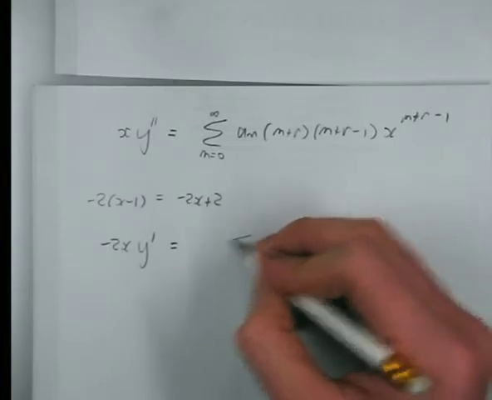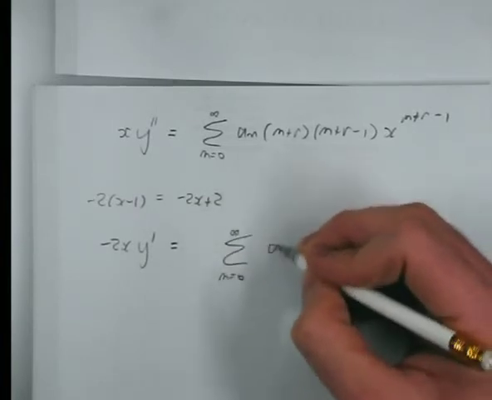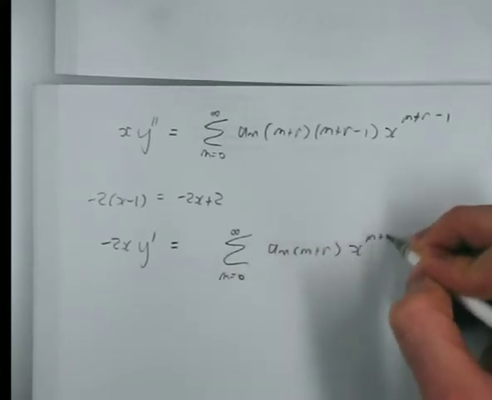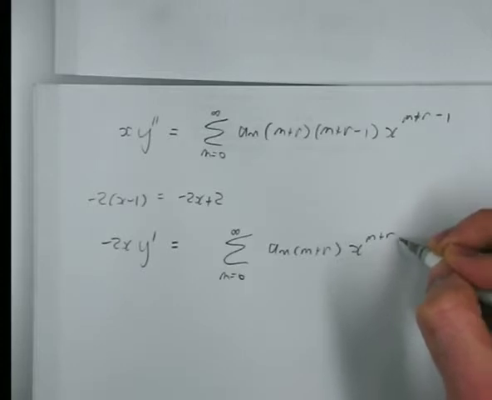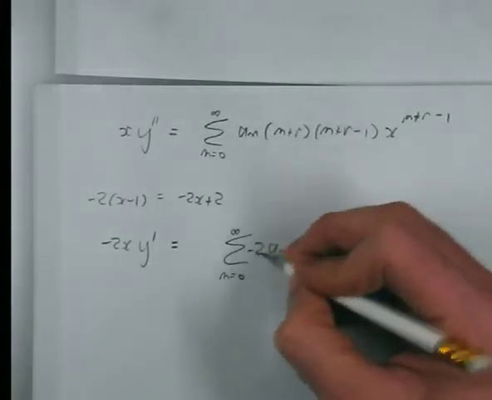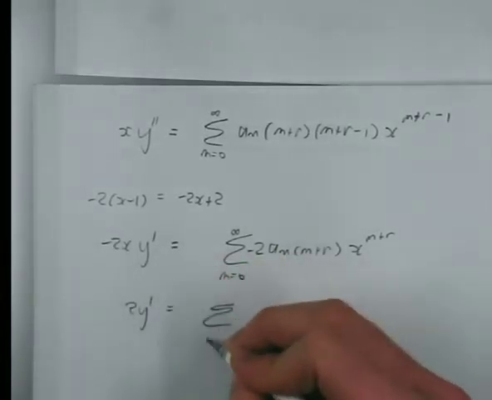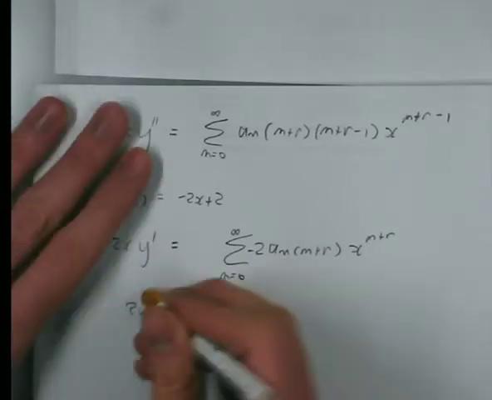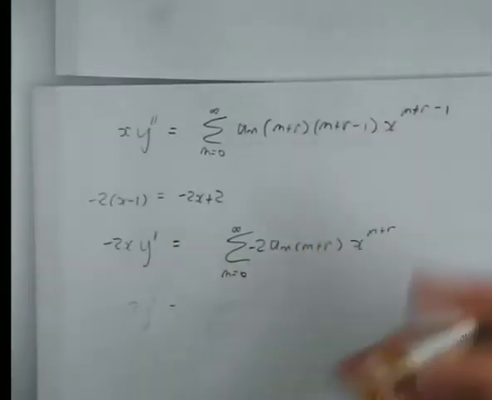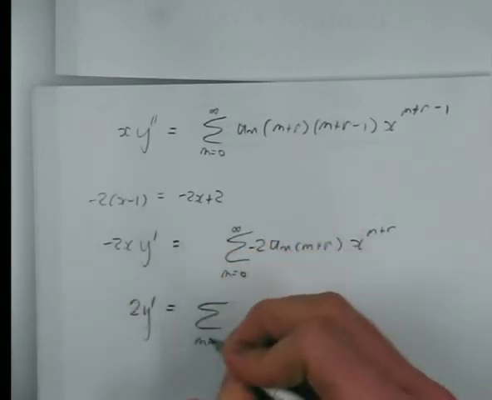Well, y dashed is this. Minus 1. If I times it by x, that minus 1 will go up 1. And I've got to times it by minus 2 as well. And 2y dashed is... I need to leave myself space in case I have to shift. I didn't leave myself space. Sorry guys, it's going to get bad.